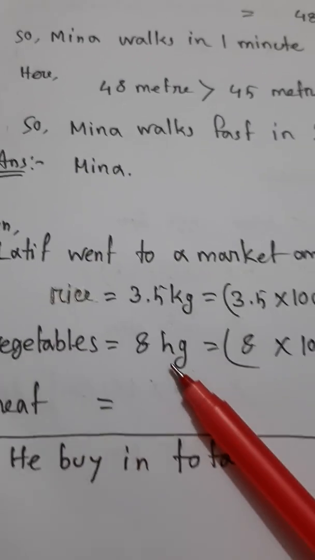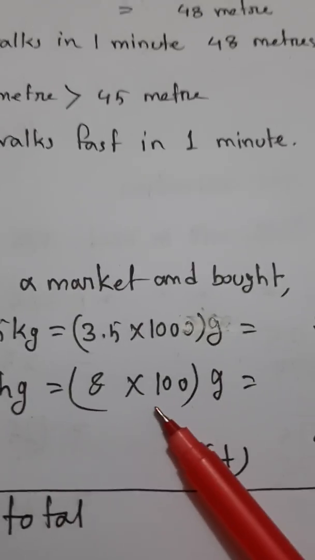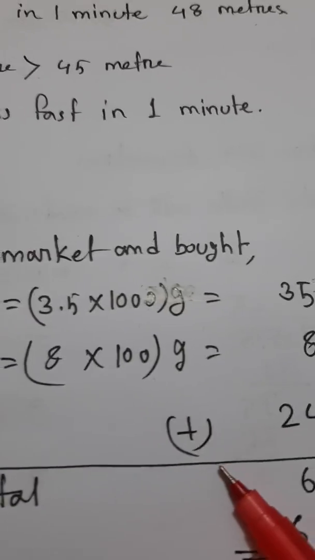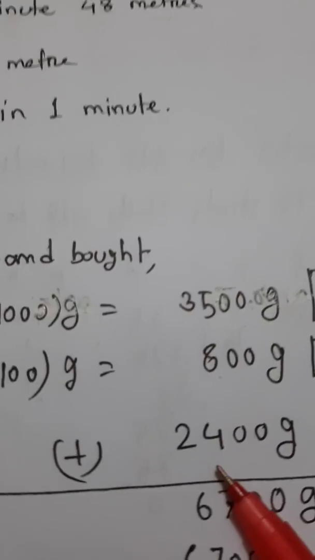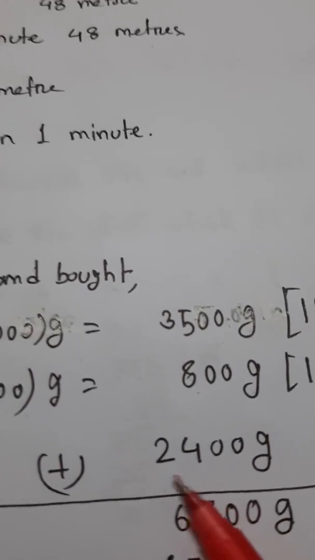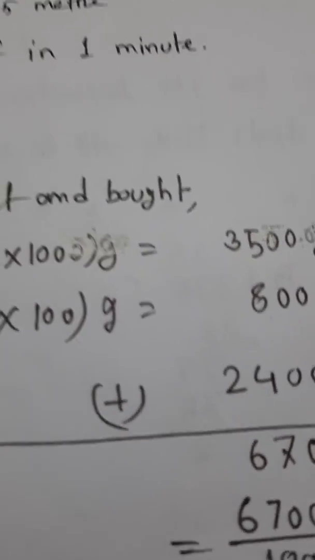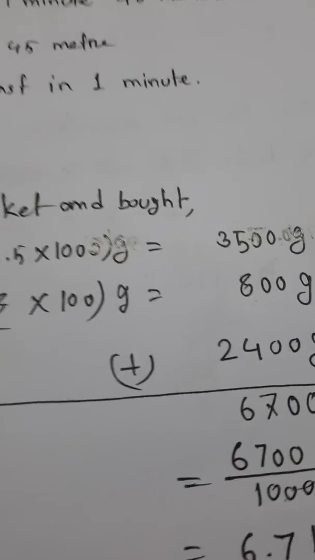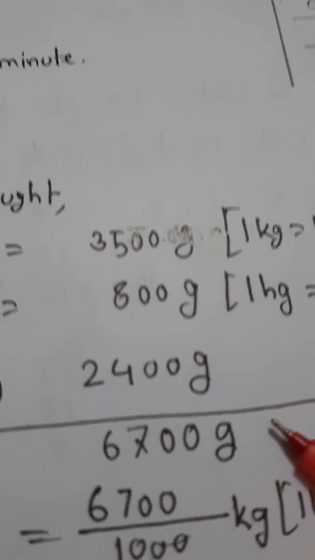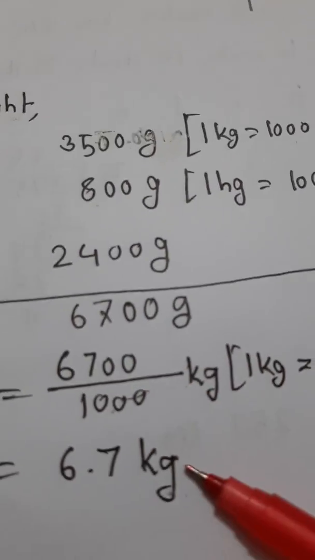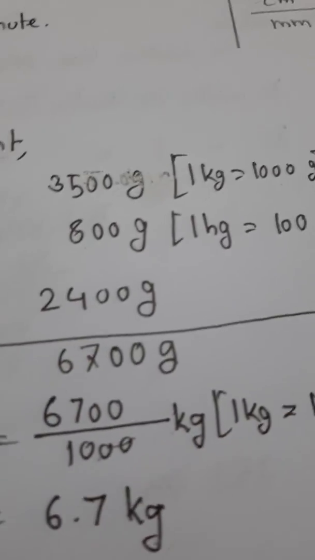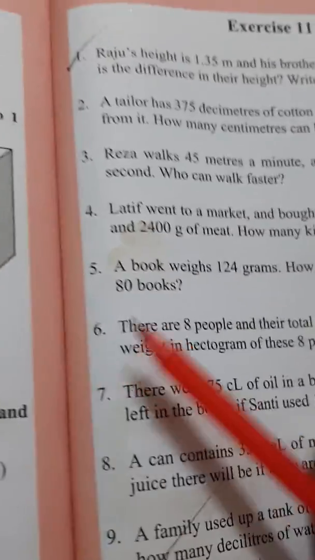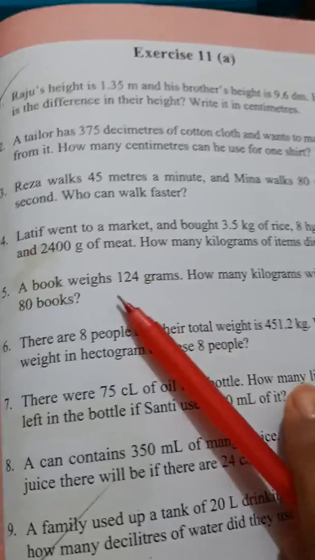Vegetables are 8 hectograms, converted to grams by multiplying by 100, which is 800 grams. The meat is already in grams, 2400 grams. Then we add them to get 6700 grams. Expressed in kg, we divide by 1000, giving 6.7 kg. Final answer 6.7 kg.